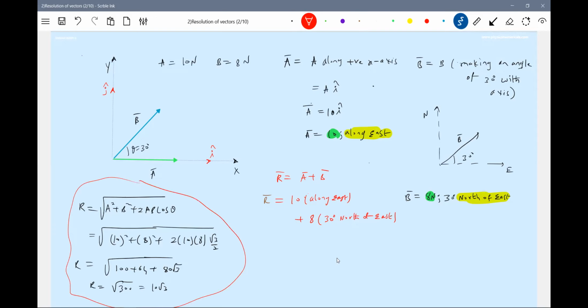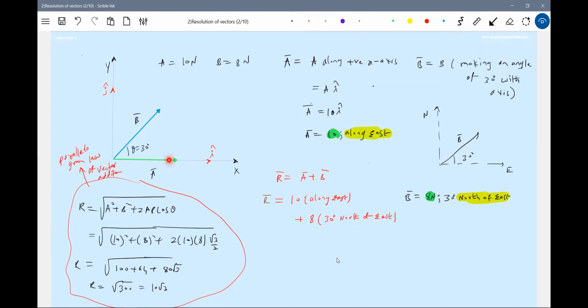From there is where we brought this one. Sir, you are already doing the parallelogram law of vector addition.